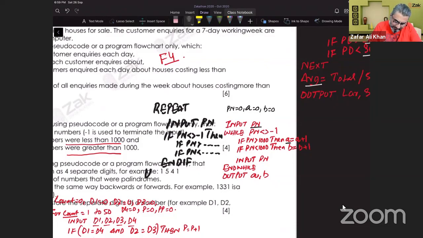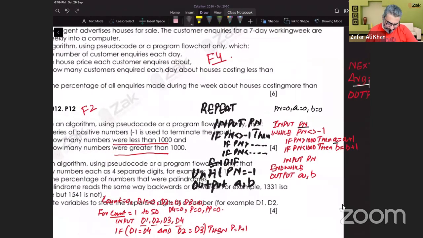And then until positive number is equal to -1, we get out, then we output A comma B. All right, that is how we will do it. Move on.